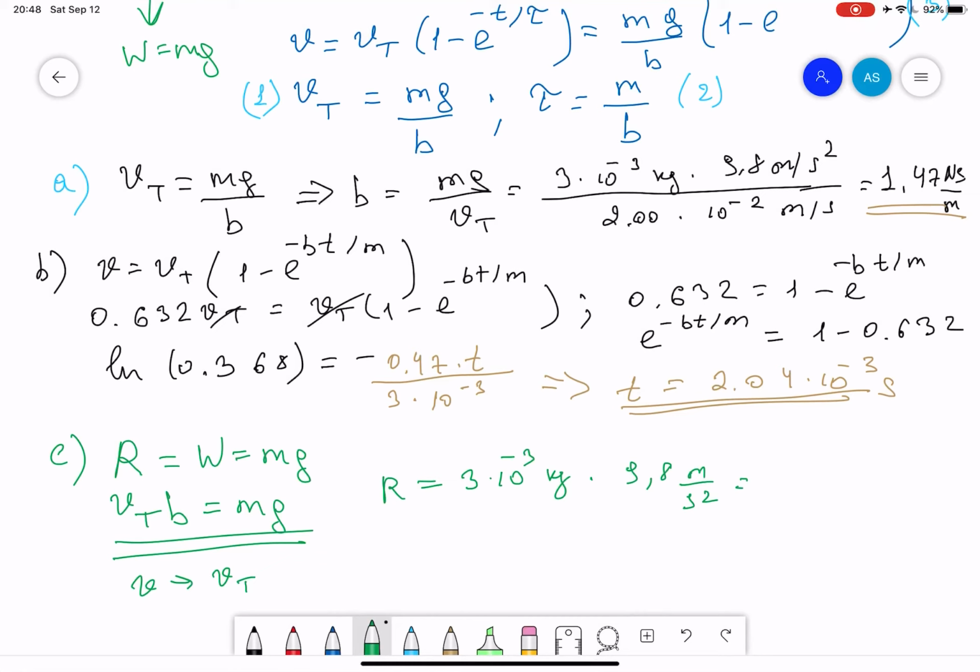If you multiply this, you get 2.94 times 10 to the power of minus 2 newtons. This is how you get your part C.